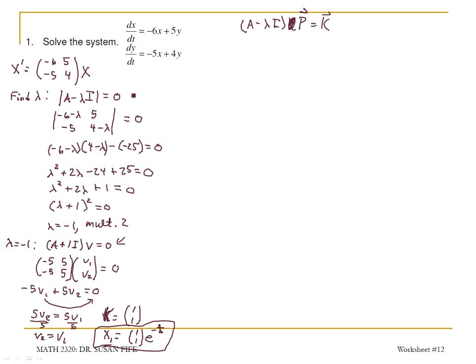Here, lambda is -1, so I'm again adding 1 across the diagonals, and I'm going to end up with -5, 5, -5, 5, times p, that's a vector, and I'm going to call that p1, p2, is equal to this previous vector that I found, k, which is 1, 1.